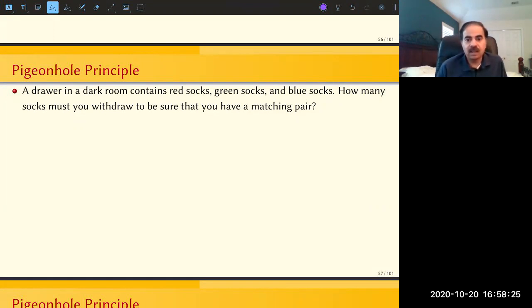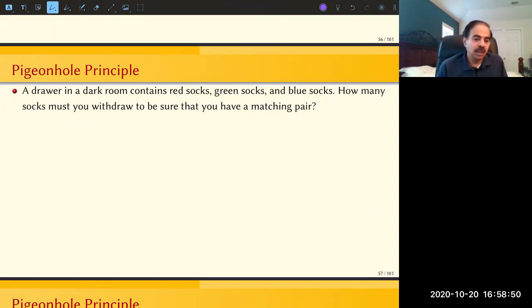So obviously you want to get a pair, but when you're pulling the socks out of the drawer, you cannot figure out whether they match or not, right? But what you want to do is pull out enough of them that when you go to the light and see, there is likely to be at least 1 pair, right?